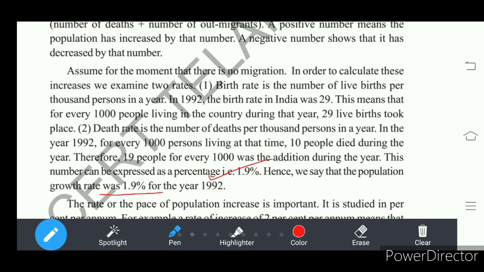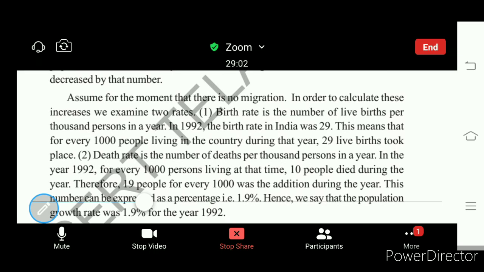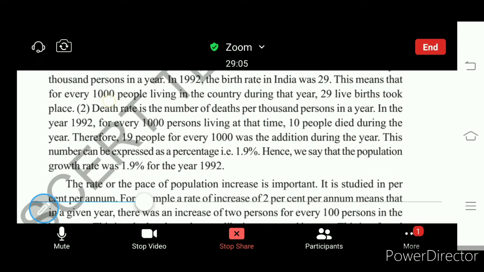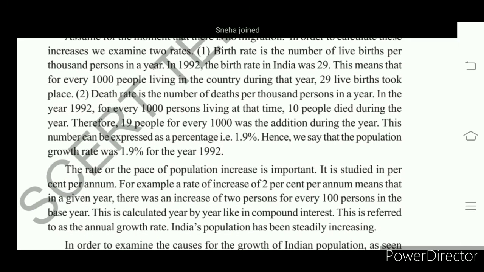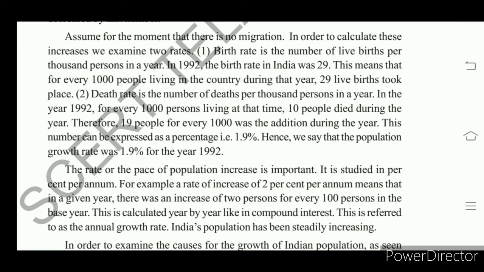So in 1992, the growth rate of the population was 1.9. Okay, for every 100 persons, there was 1.9, that means one or two children born in that year. So this number can be expressed in that way.